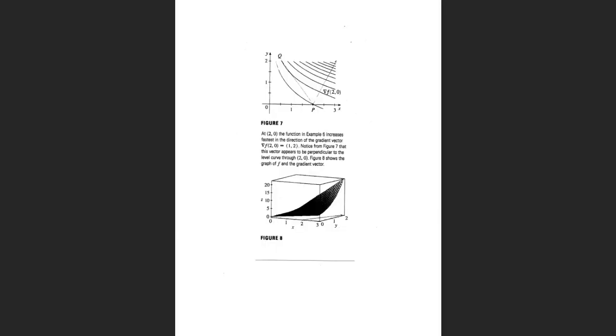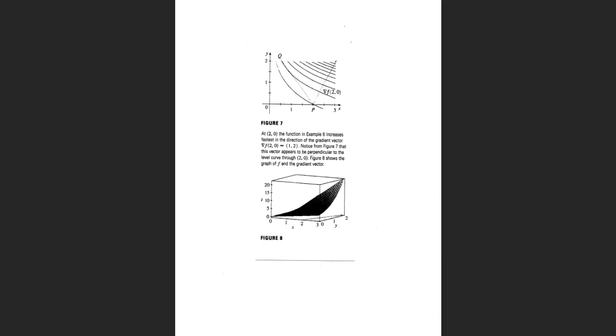I want to be very careful about what I'm saying. I want to focus on one level curve.